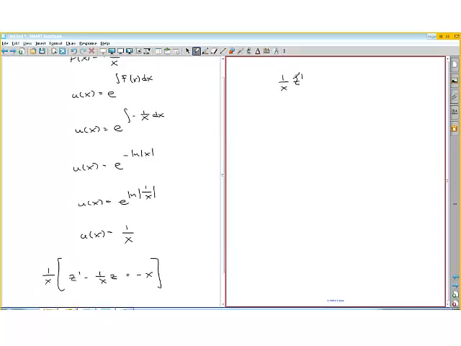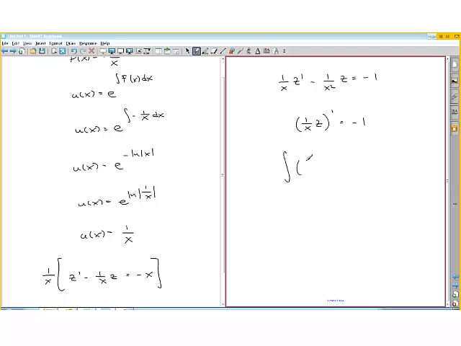And so I get 1 over x z prime minus 1 over x squared z is equal to negative 1. Now I'm going to collapse those. So this becomes 1 over x times z, the whole thing prime, and this just becomes negative 1.